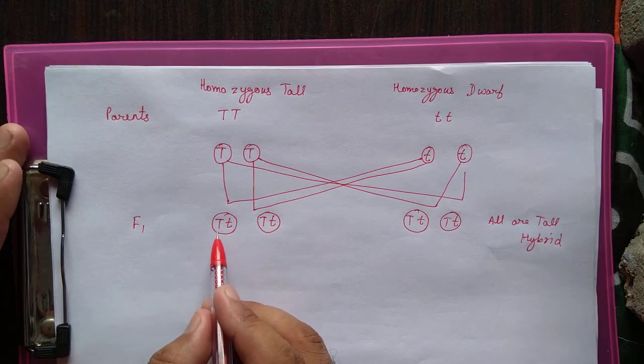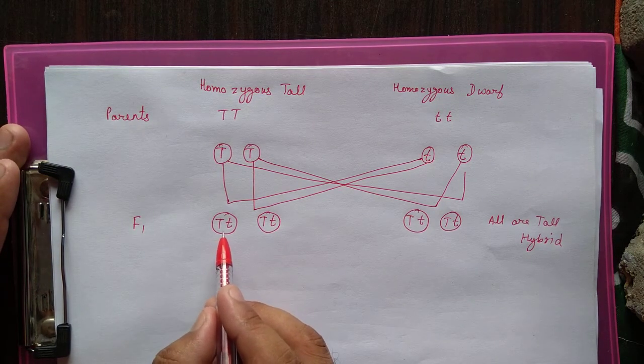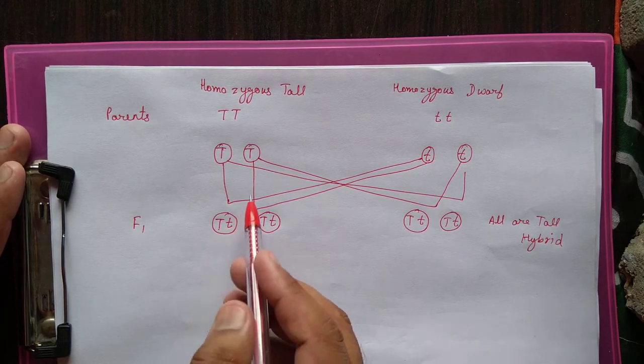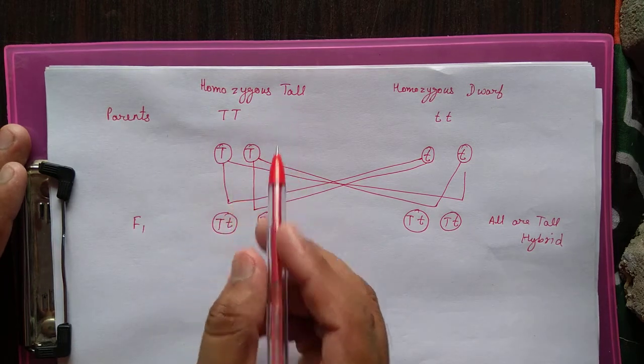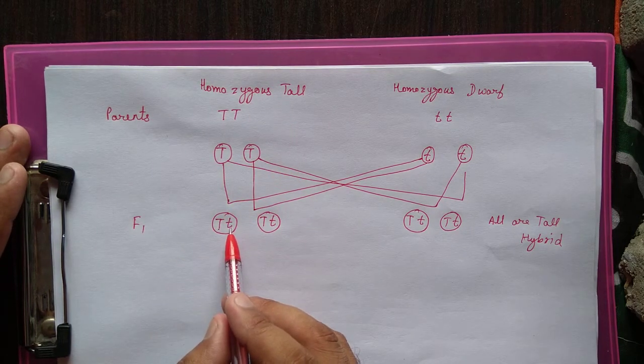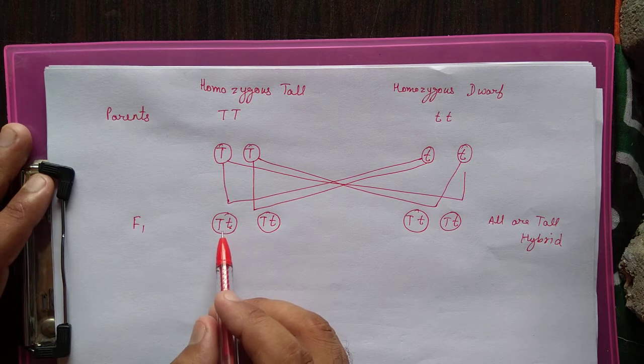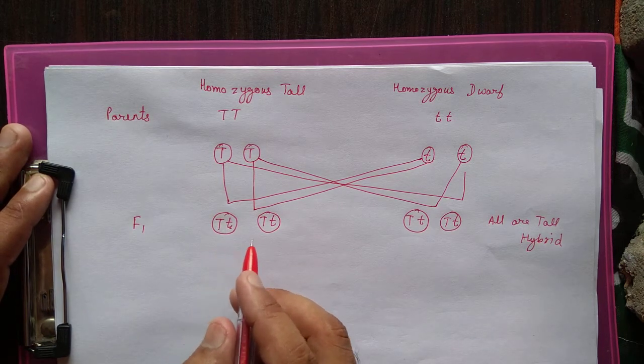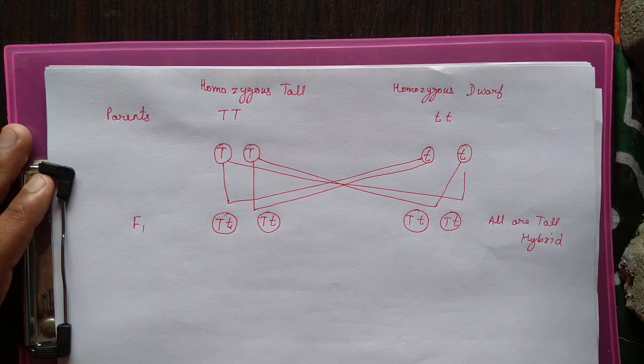Here the capital T means dominant gene, so the gene is dominant, it shows tall character. The dwarf allele is recessive, so it does not perform any expression.